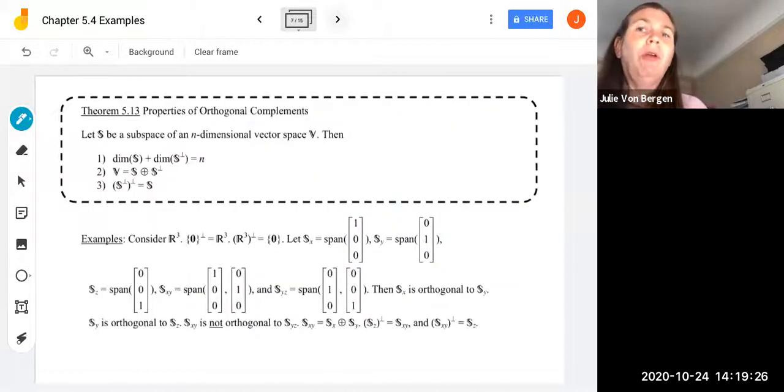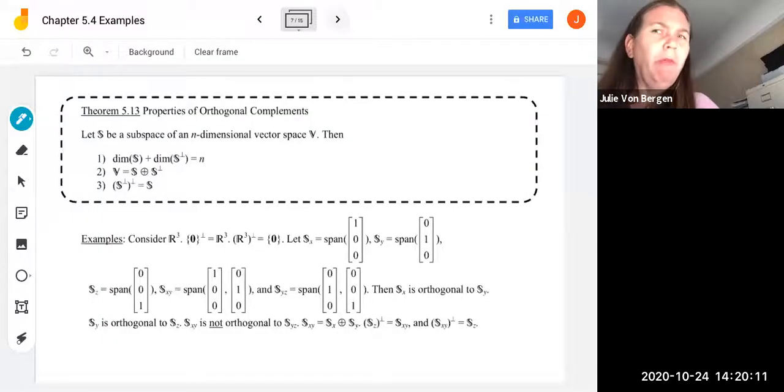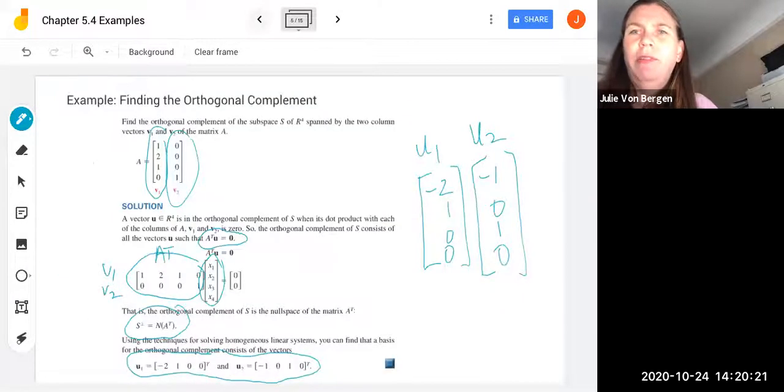All right, so let's look at some properties of orthogonal complements. One more point we want to make is that when you have the orthogonal complements, the only vector you have in common between S1 and S2, so if we come back here to our examples of the orthogonal complements, the only vector in common is the 0 vector.